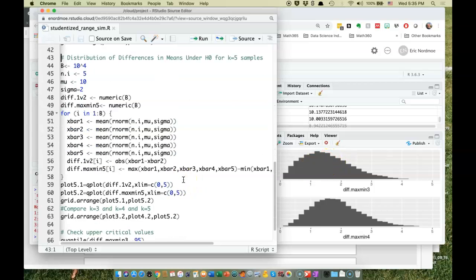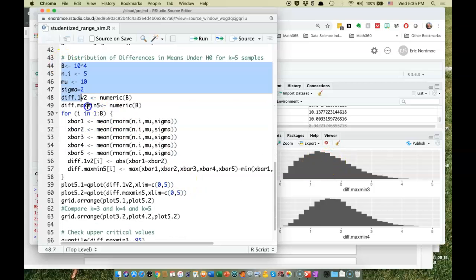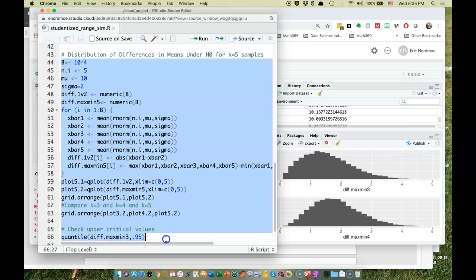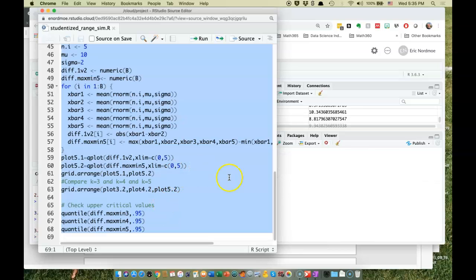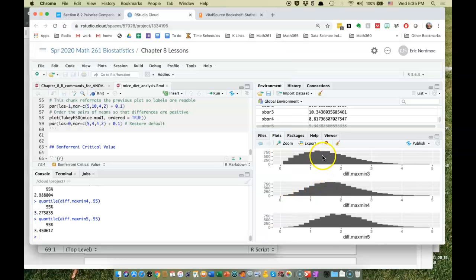Now let's go all the way and do it with 5 groups and see what happens. So I'm going to run all of these at once, and then we'll focus on the last comparisons. Okay, so comparing 3 groups, 4 groups, and 5 groups, the range, this is called the studentized range distribution that underlies this, is going to be greatest with 5 groups, smallest with 3 groups. More groups that you compare, more chance for a large difference.